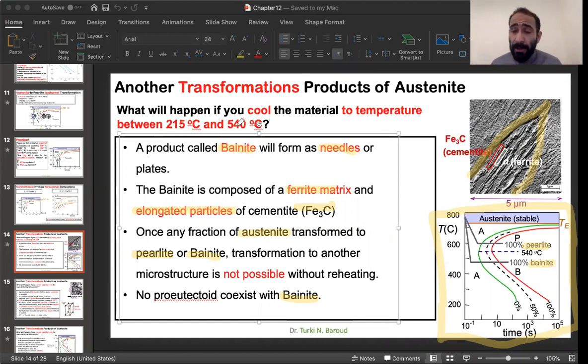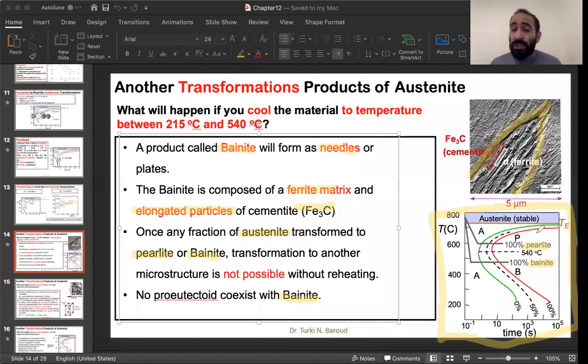Well, what's going to happen is you're going to end up having a new microstructure. This microstructure is called bainite. It looks like it has a needle or plate shape, where the alpha matrix will be the matrix, and iron carbide will exist as elongated particles.